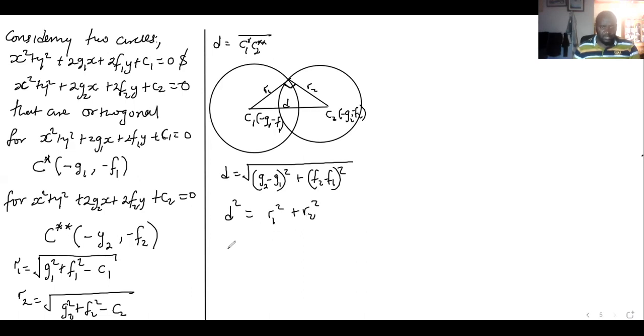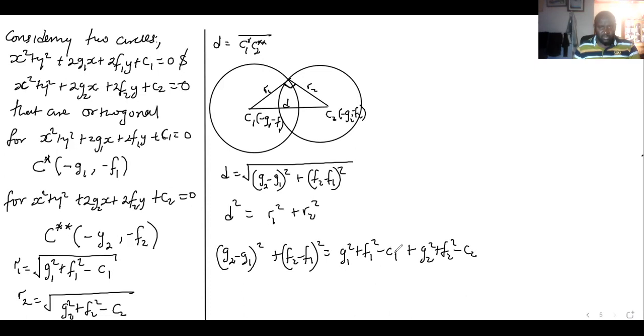So when you substitute, you'll have (G2 minus G1) squared plus (F2 minus F1) squared is equal to the square of R1 and R2, which is G1 squared plus F1 squared minus C1 plus G2 squared plus F2 squared minus C2. Okay, so when you do that, what will we attain?